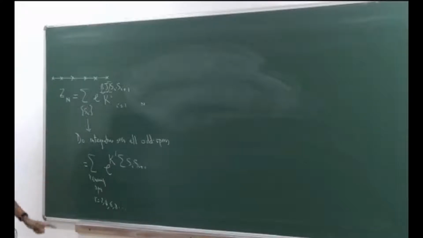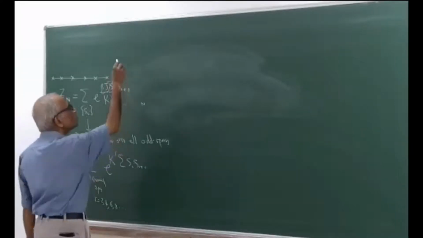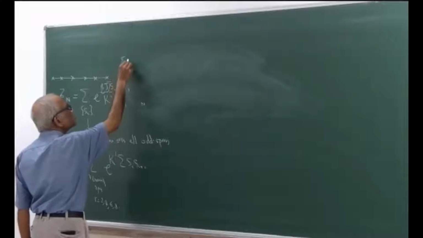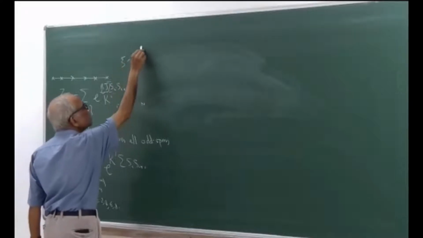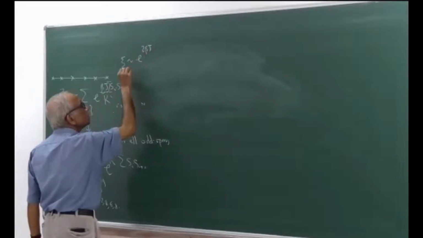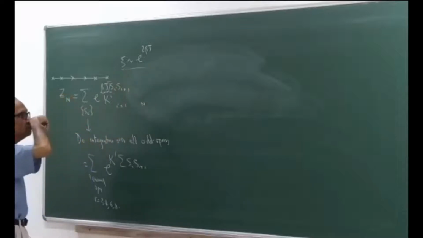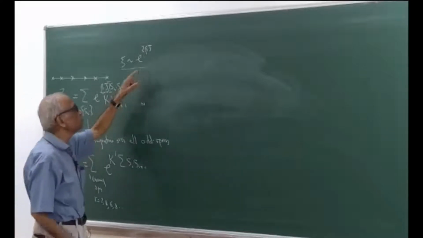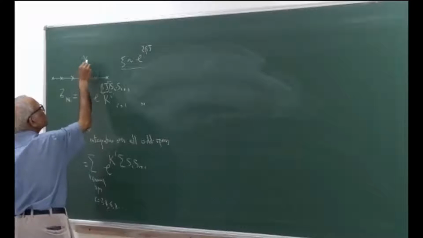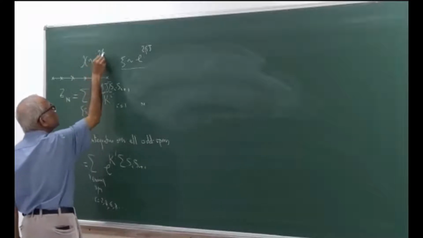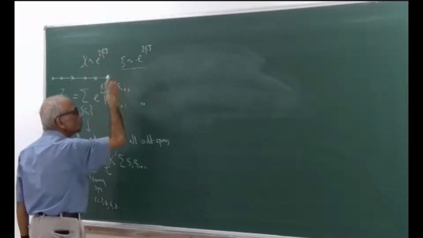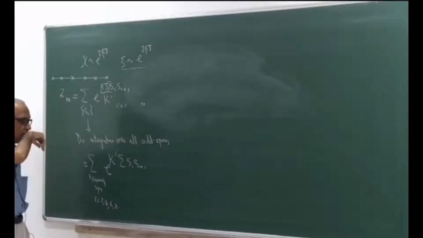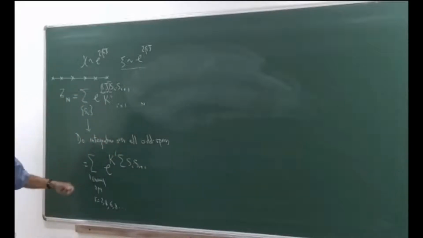The fact that we got the correlation length going like e to the power 2 beta J. The susceptibility is proportional to e to the power 2 beta J as well, and the correlation length goes like this.